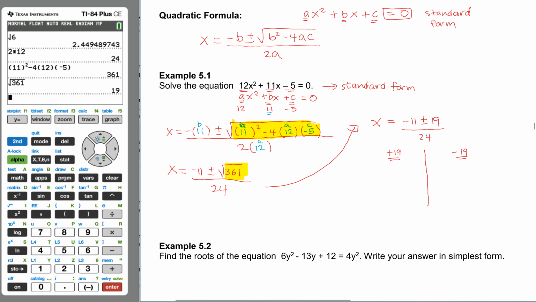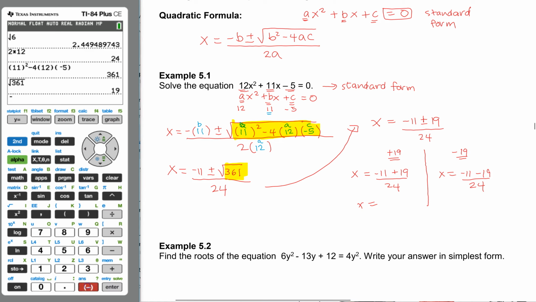When you write your final answer, it should be x equals negative 11 plus 19 divided by 24, and x equals negative 11 minus 19 divided by 24. Now we use the calculator.